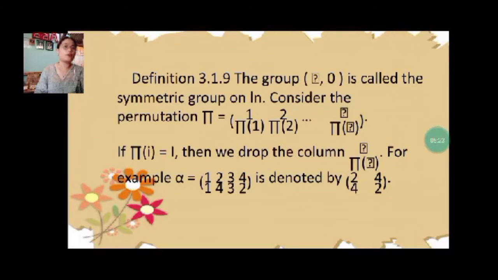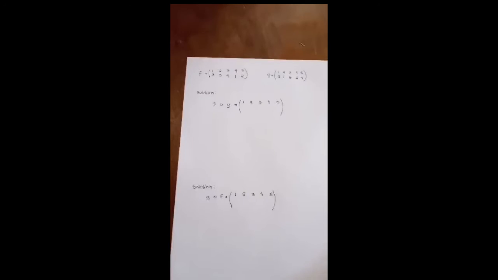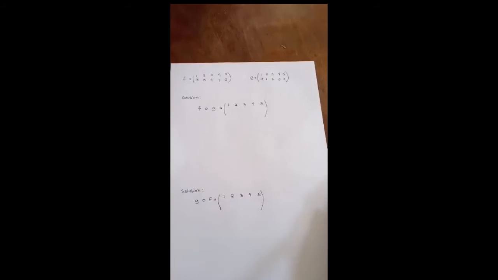So, before we continue to Definition 3.1.9, I have here an example to really understand how to get the function composition of two different functions. So here is my example.